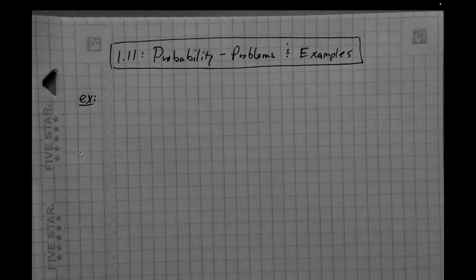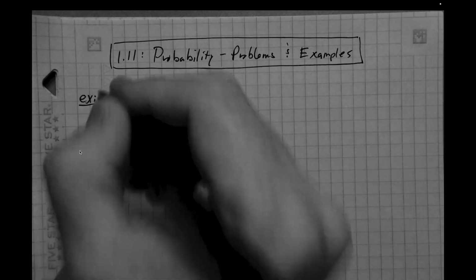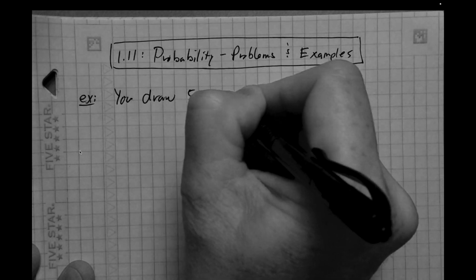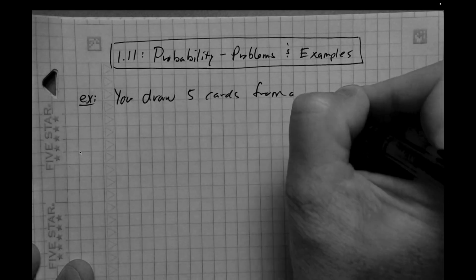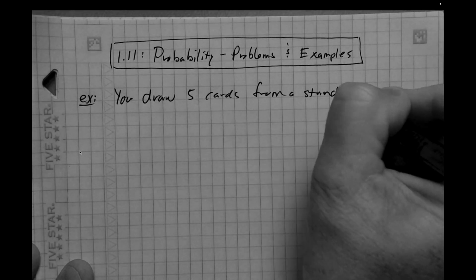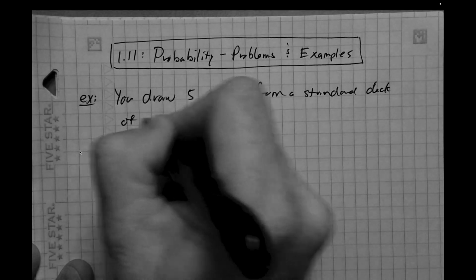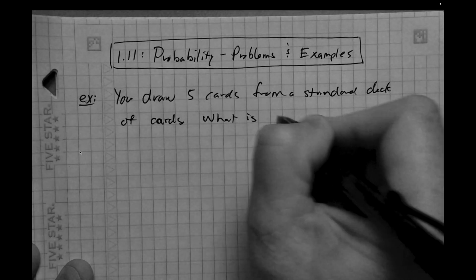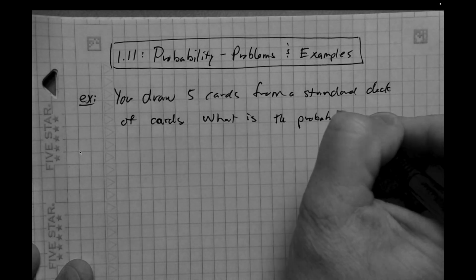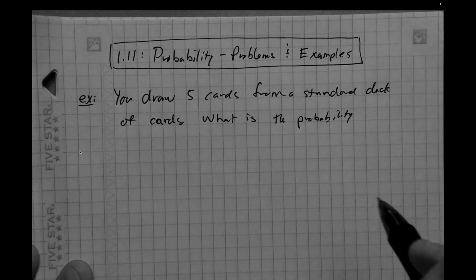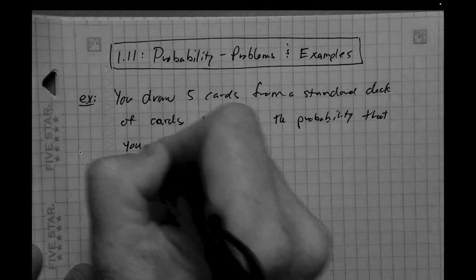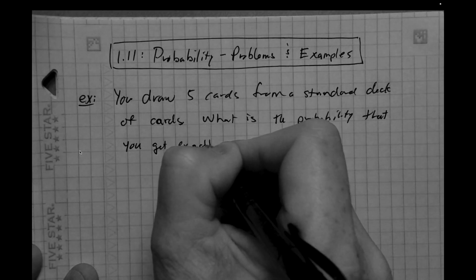If you draw 5 cards at random, what's the probability that you get exactly 2 aces?